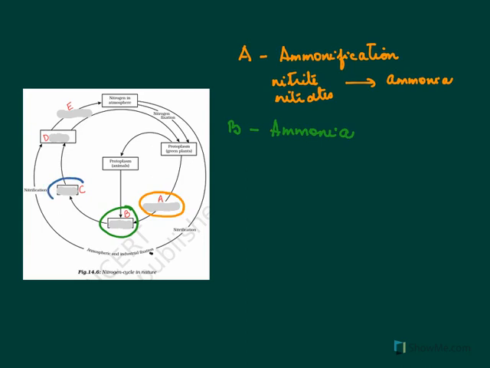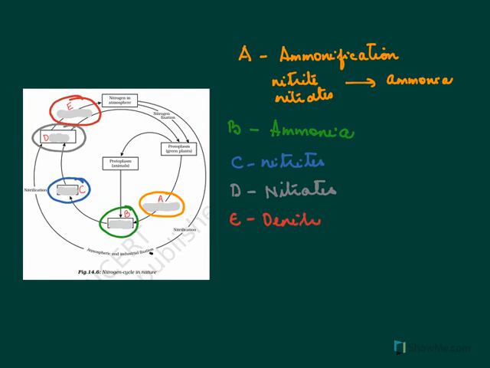And then we have C here. C are nitrites. Here is D, and D is nitrates. And we have E. E is the process of denitrification, where the nitrates is converted into free nitrogen.